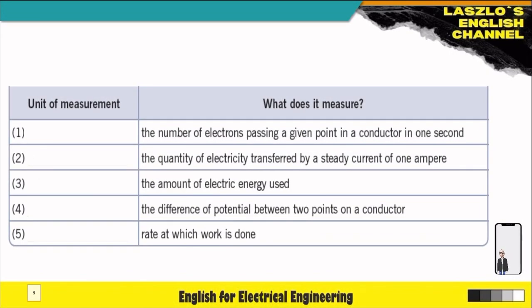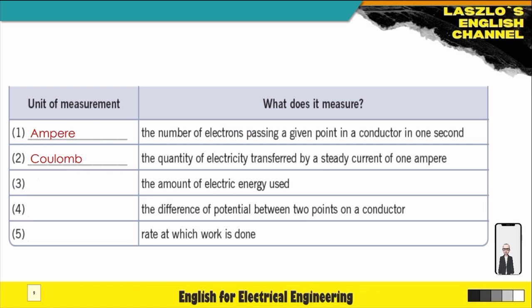Right, we've got a chart that we need to fill in. Unit of measurement on the left, and what does it measure on the right. The number of electrons passing a given point in a conductor in 1 second will be ampere. The quantity of electricity transferred by a steady current of 1 ampere, that will be coulomb.